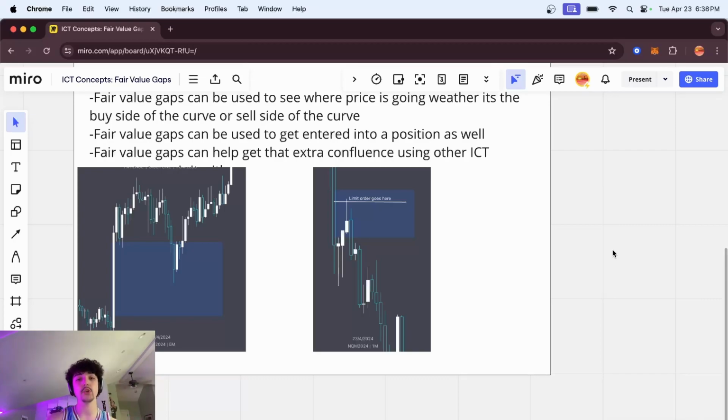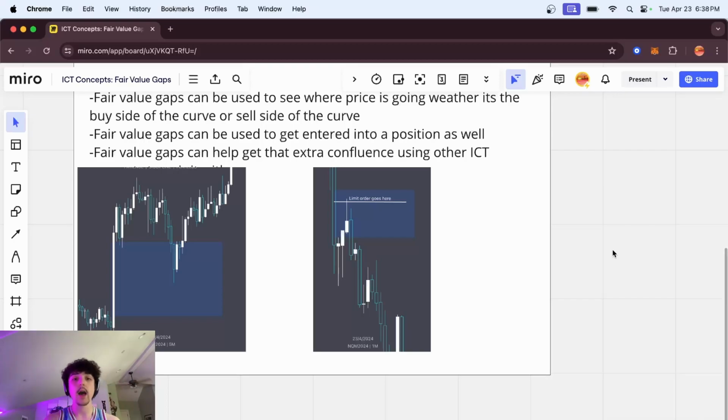If you see price reject off a fair value gap like it does right there, it comes in halfway, boom, rallies up, that means you're in a bullish trend, right? And that would be a good entry point. But you need to understand why you are taking that position, not just saying that's a fair value gap and taking that position randomly.